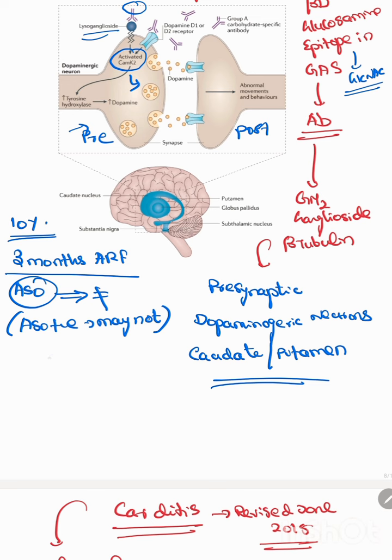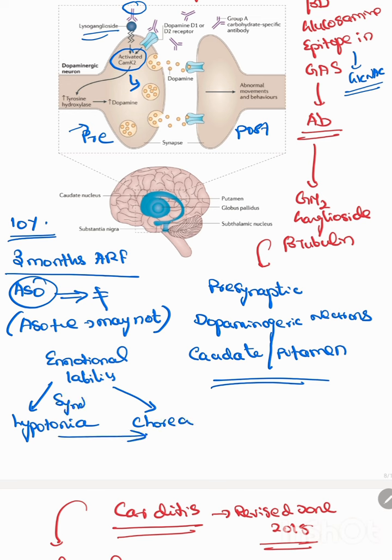And the classical triad is emotional lability, hypotonia, and chorea. This is the classical triad of Sydenham's chorea.